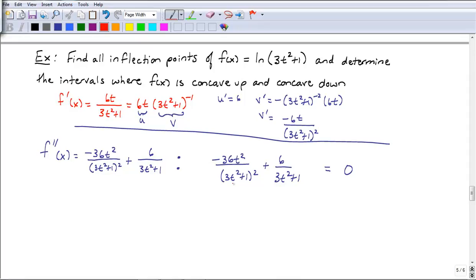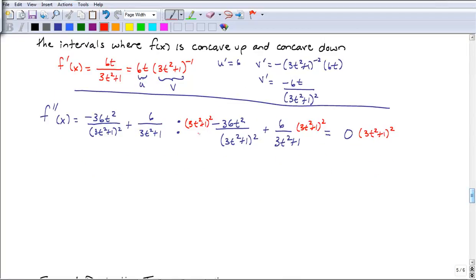The common denominator here is 3t squared plus 1 squared. So what I do is I multiply everything by that common denominator. This works very well when it's equal to 0, especially. And a lot of times that's what you're doing in calculus. But I mean, it works when it's equal to other numbers as well.